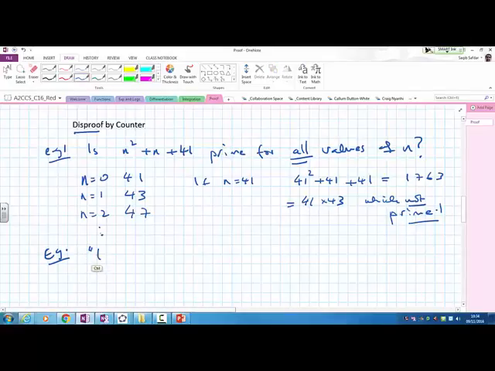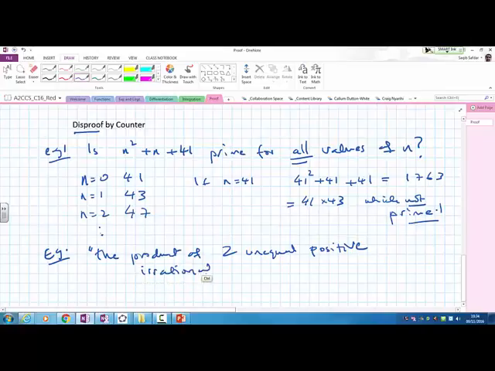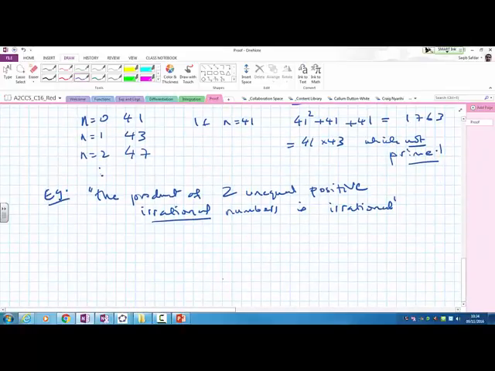So let's put a statement down. The product of two unequal positive irrational numbers is irrational. Okay, there's my statement. And all I have to do is find a counterexample to disprove that.